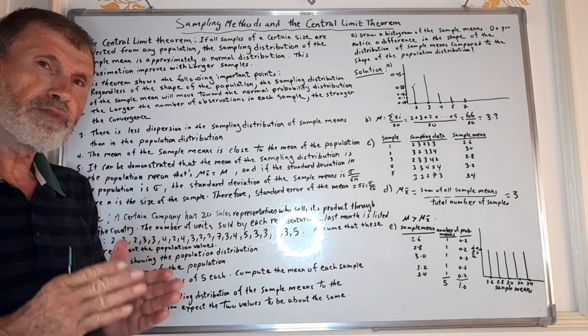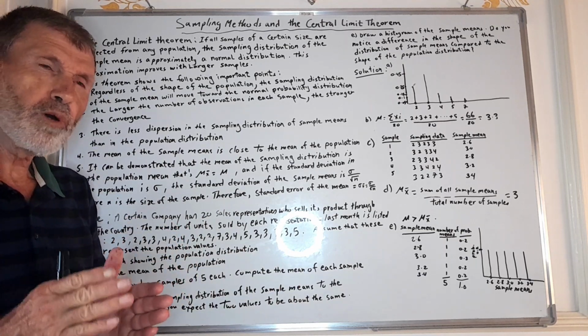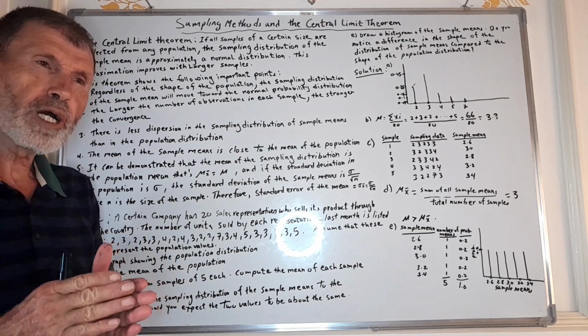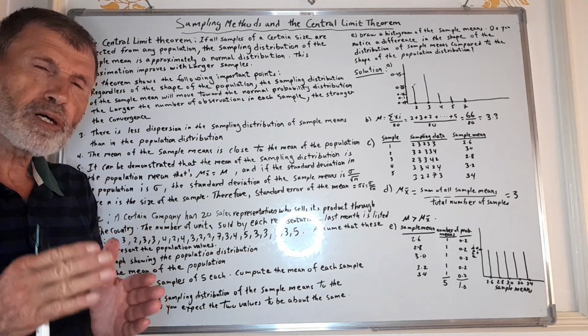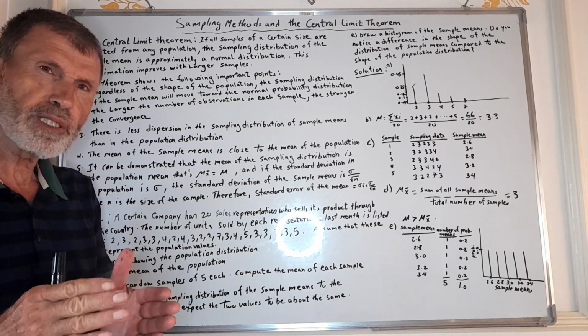And the shape of the sample distribution will converge to a normal distribution when the number of observations in each sample increases.